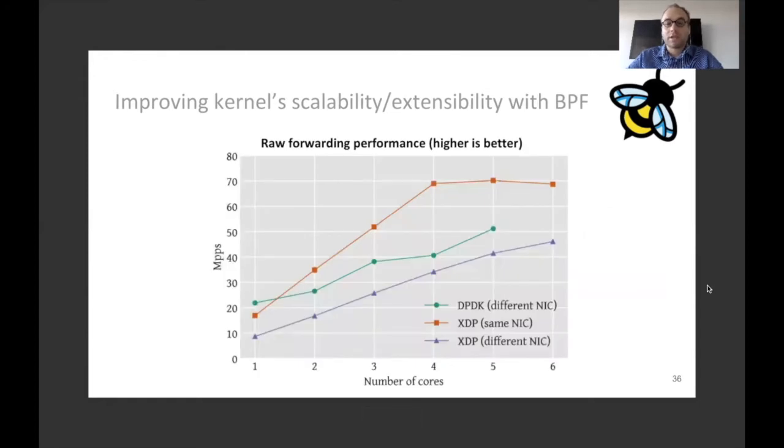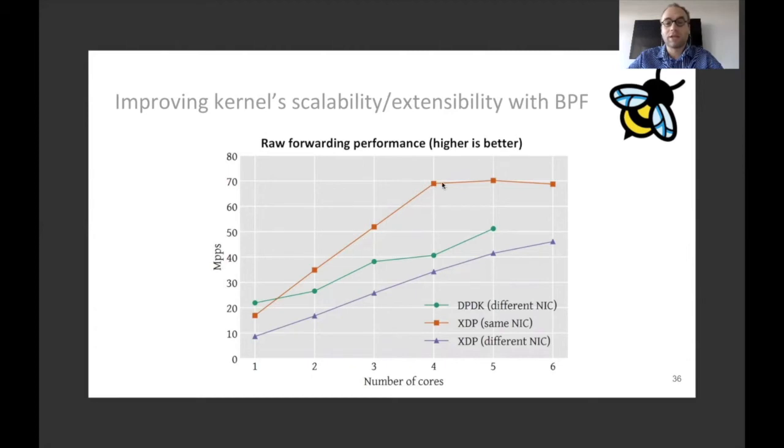Some time ago, we did an experiment and compared XDP with DPDK in terms of raw forwarding performance. And you can see that XDP, when you push the packet out to the same interface that it arrived on, even gets better performance than DPDK.